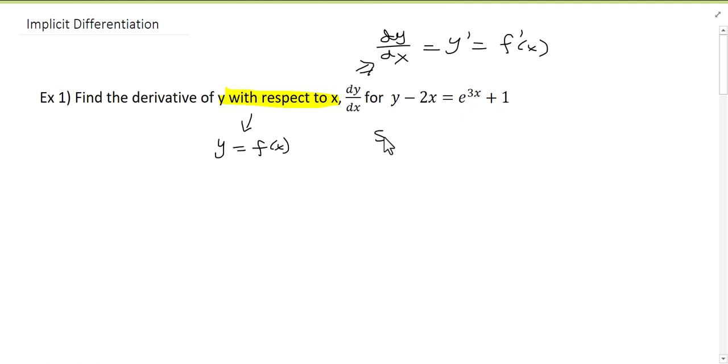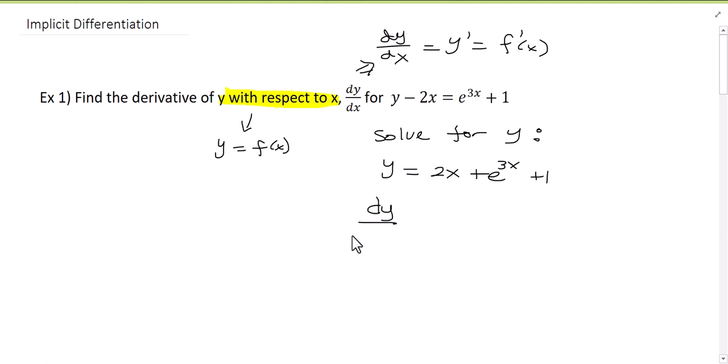One of the things that I would probably do is solve for y, right? When you see find dy dx, it's like, oh, well, I want to get y by itself on one side. So solve for y, so add 2x to both sides. So I'm going to have y equals 2x plus e to the 3x plus 1. And so now this looks like y as a function of x, and so I can take the derivative.